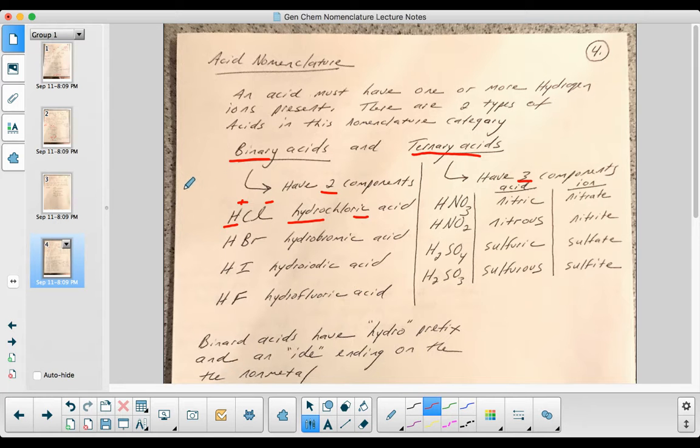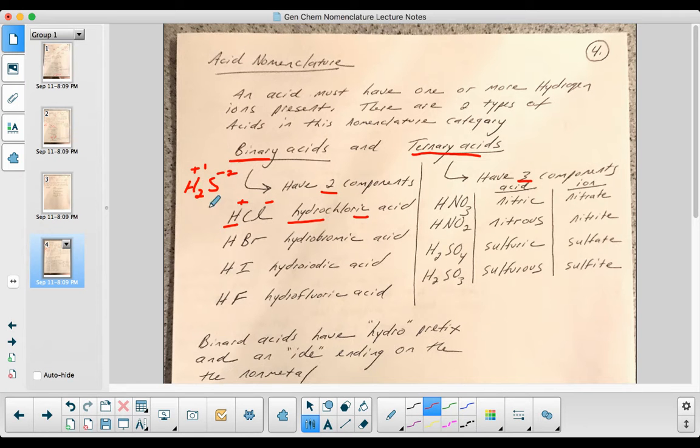Another example that might fit into this would be something like H2S, and that would be considered hydrosulfuric acid. So it's not sulfuric acid, it's hydro because of the H here. And so H has a positive 1 charge, S has a negative 2 charge.